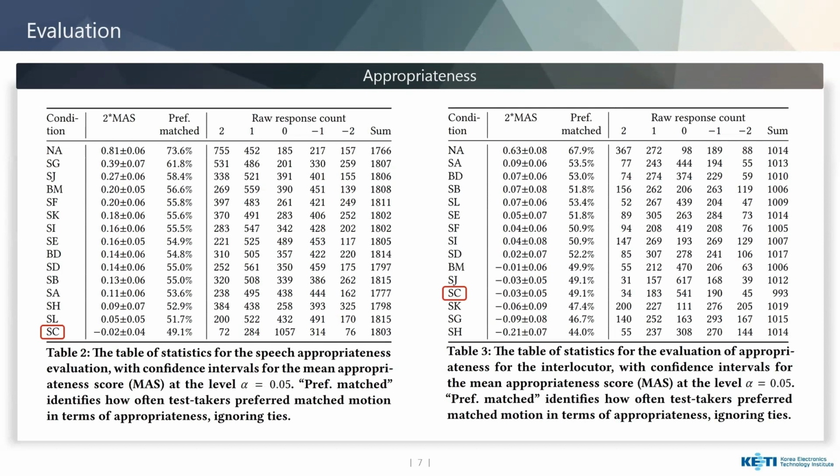Table 2 shows the results of evaluating the appropriateness for speech. The evaluation results for the SC submission showed unnatural gestures that were not appropriate for speech. To analyze these evaluation results, we visualized the generated gestures and examined them.